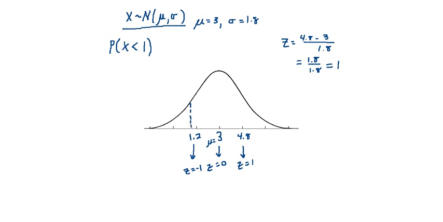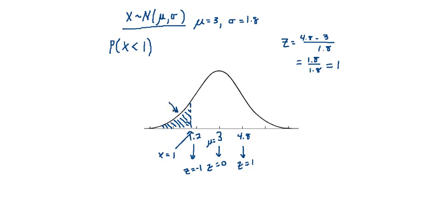What we're really asking for is the area to the left of that 1 hour mark, because that area will be exactly equal to the probability. So we're saying, okay, x equals 1 is the time right here on the curve.